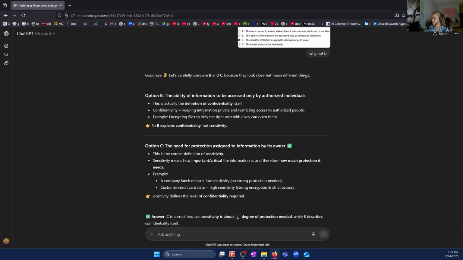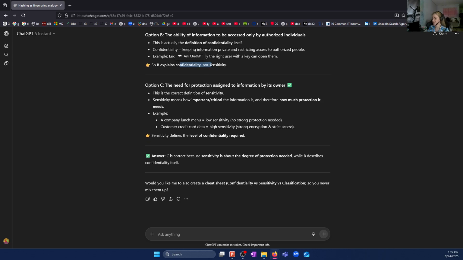The ability of information to be accessed only by authorized individuals. This is actually the definition of confidentiality itself, right? Confidentiality is keeping information private and restricting access to authorized people. Example, encrypting files so only the right user with a key can open them. Right.